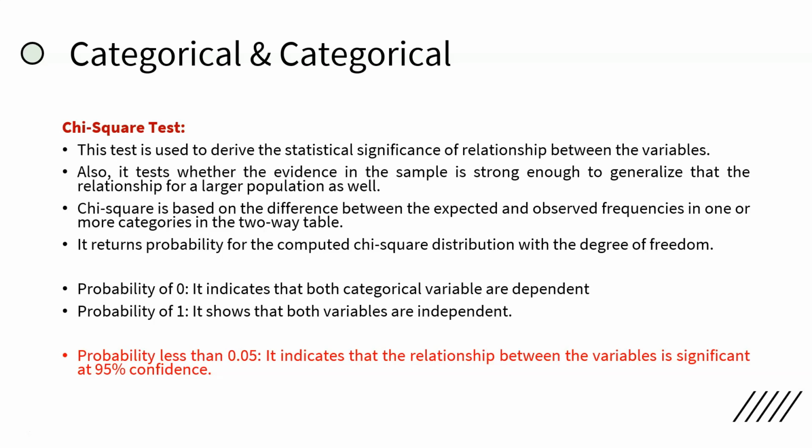If it is less than 0.05, it means that there is a relationship between the variables. Please note, this is what we will be using for finding out the relationship between two categorical variables. The chi-square test is what we are going to use.